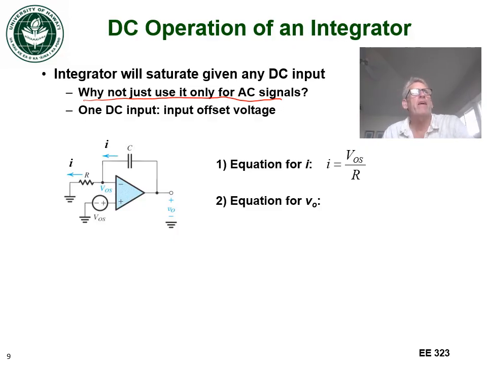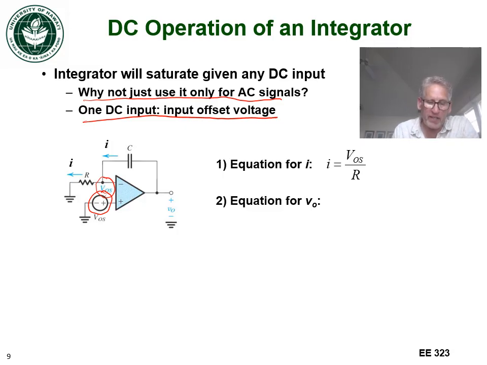Fine, that's okay. But there's one DC input that you can't really avoid, and that's the DC input offset voltage that we talked about in the previous lecture. So what happens if there's a DC offset voltage? Remember, this offset voltage comes from fundamental mismatch in our transistors. The negative terminal will now get that offset voltage, VOS.